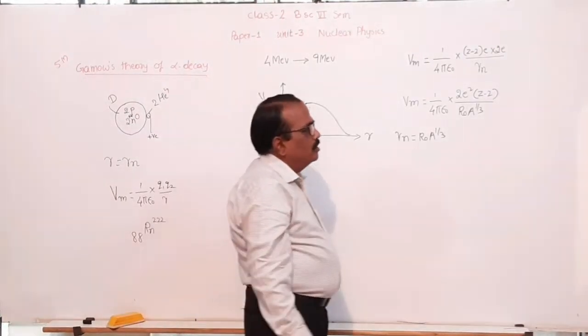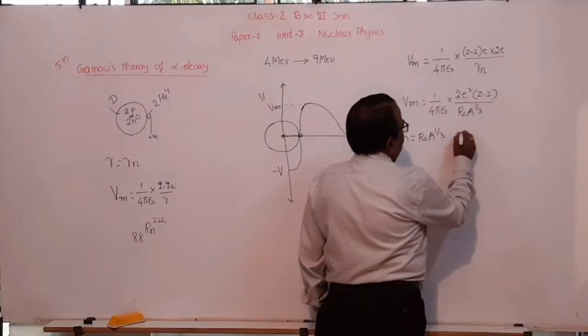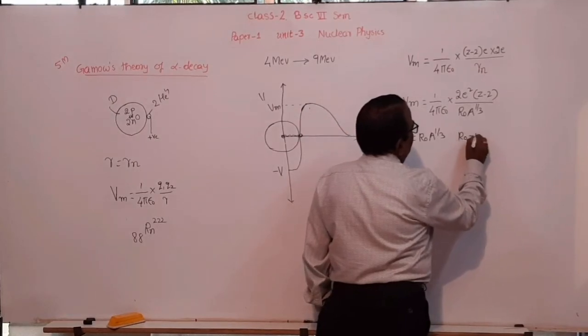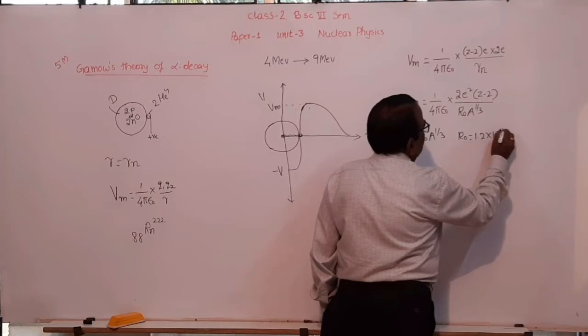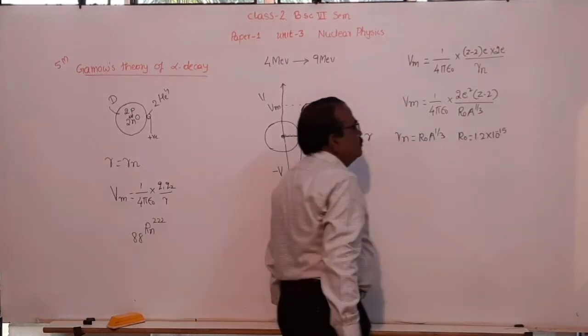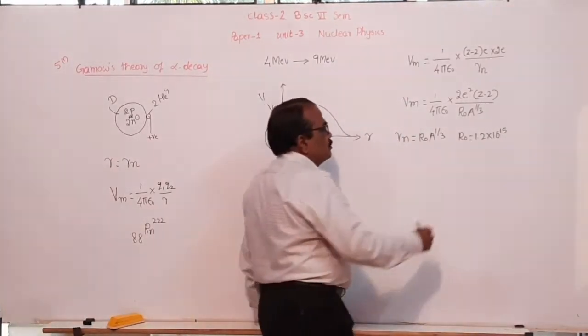So this R0 is equal to 1.2 into 10 raised to minus 15 meter.